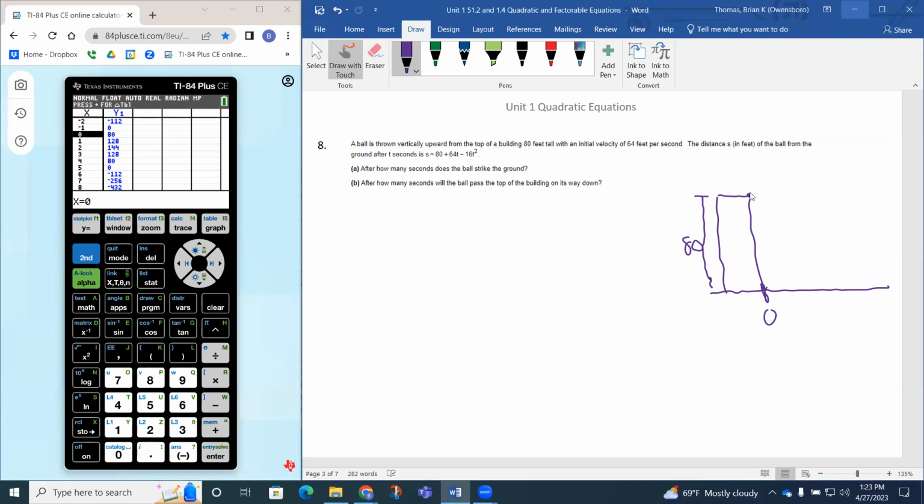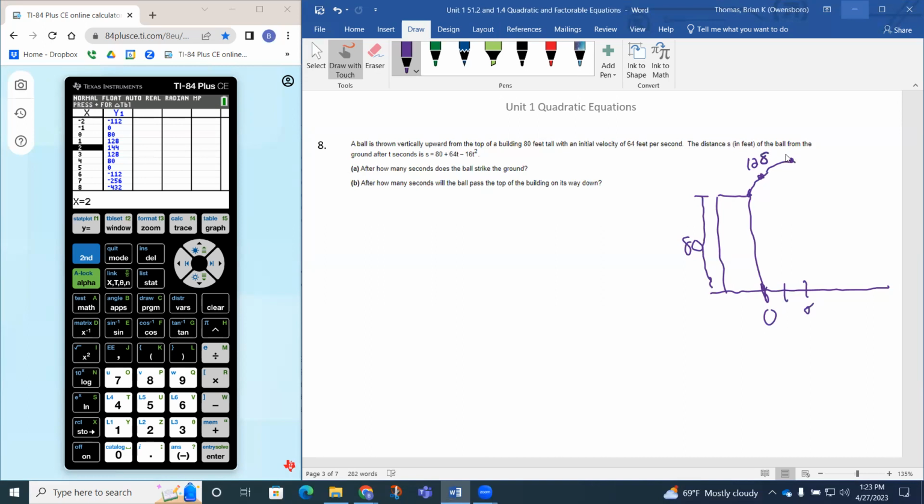But remember, when you throw something up, gravity starts to grab hold of it, and it starts to bend it. So notice how it keeps going up for a while here, and then around 2 seconds, it peaks out. At 1 second, it's at about 128 feet, and in 2 seconds, it's peaked out around 144. This is just rough.